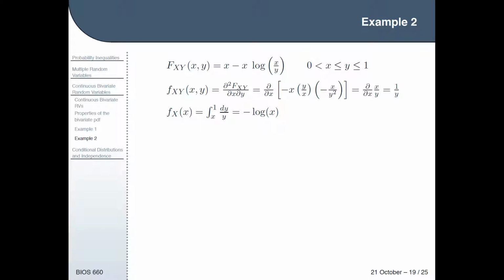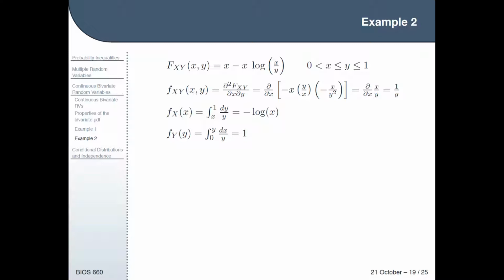So to integrate over the entire support of y, you don't go from 0 to 1, you go from x to 1 because y is bounded below by x. You take that integral and you get minus log x, which threw me for a loop for starters. Then I remembered that log x is negative for x between 0 and 1, so minus log x is positive, so that is a valid PDF, and I breathed a big sigh of relief.